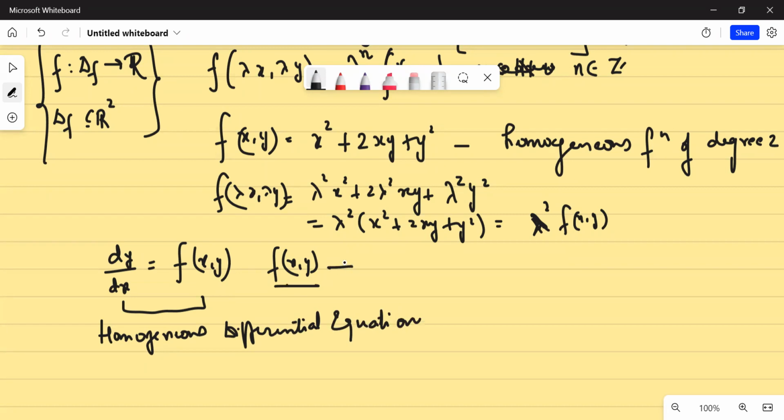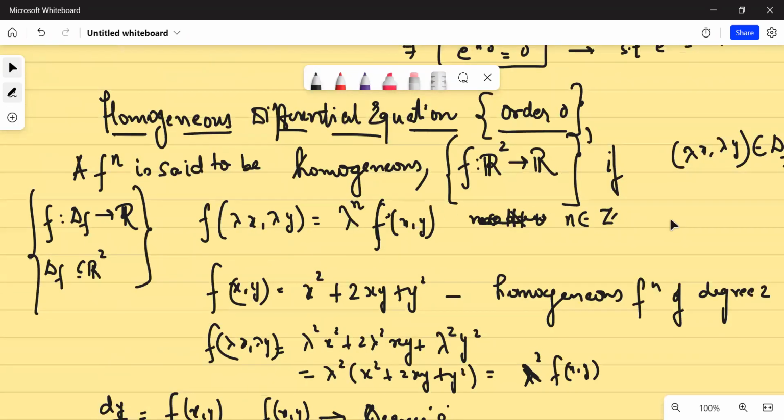And most of the times we will be doing homogeneous differential equations, and we will be concerned about the functions whose degree is 0. Degree would be the right term to use.